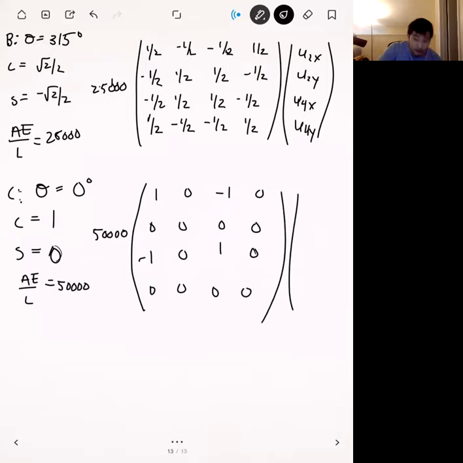Okay. And then this is going to be U3x, U3y, U4x, U4y. All right. And so that's all the element stiffness matrices computed for this problem. Okay. Now let's move on to assembly.